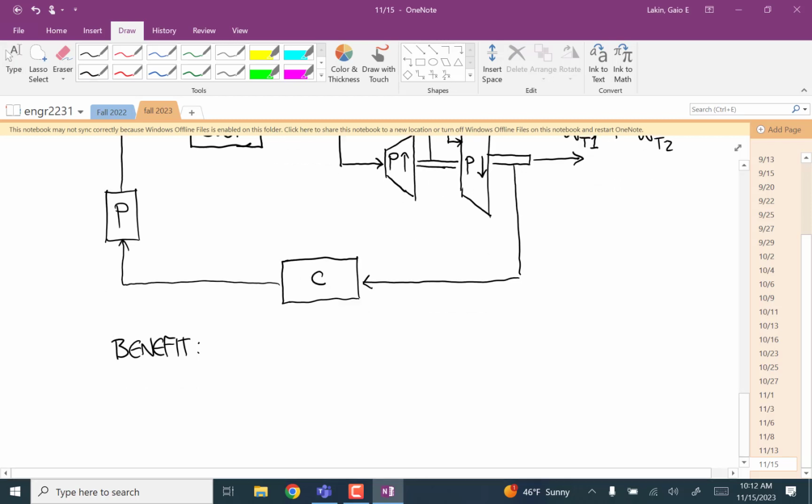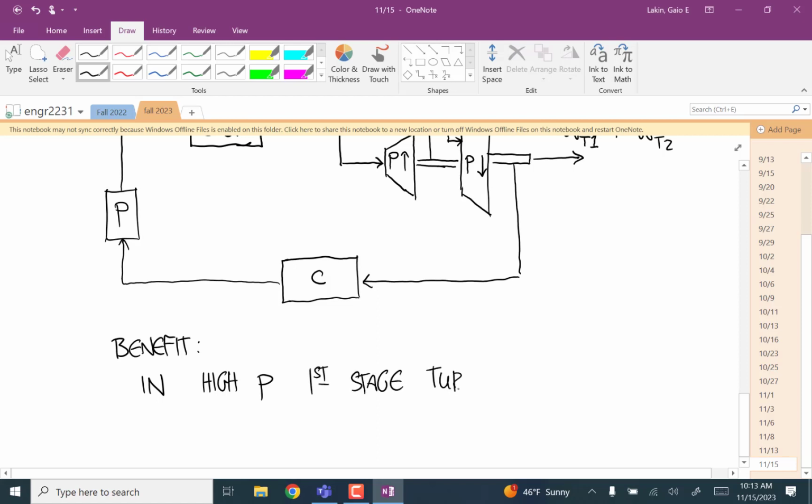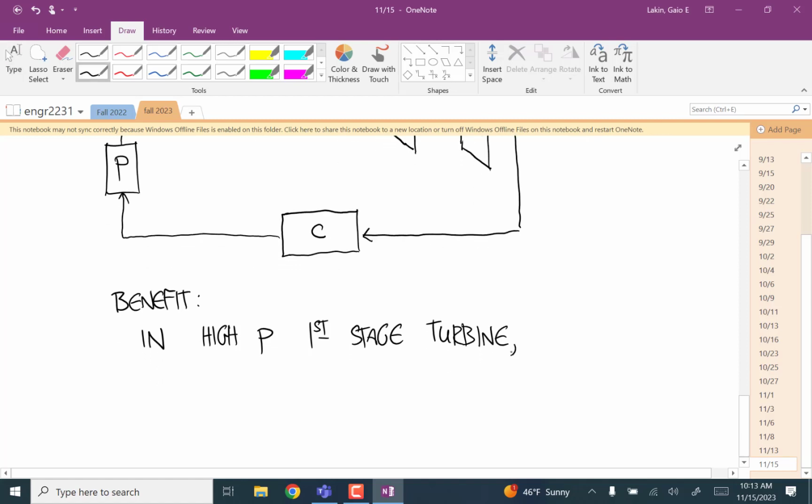Okay, so the benefit is that in the high pressure first stage turbine, the boiling temperature is high. And so you can get a lot of liquid in the turbine.